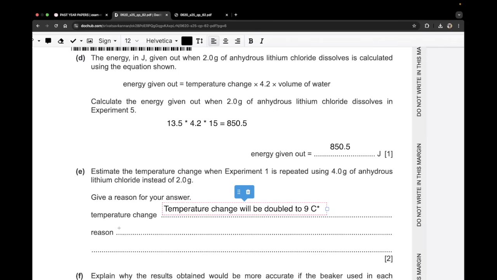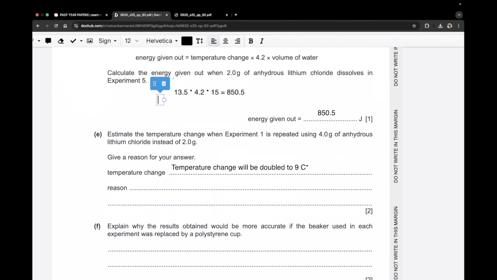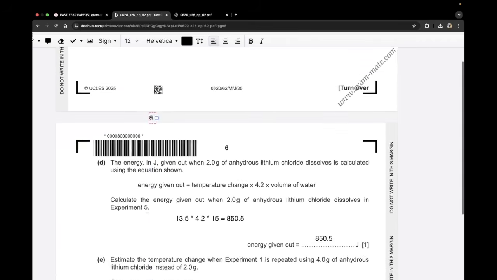And the reason, right? What is the reason here? It's simple. You can just say twice as much anhydrous lithium chloride is dissolved. And you clearly see this is exothermic, right? Energy is being given out.